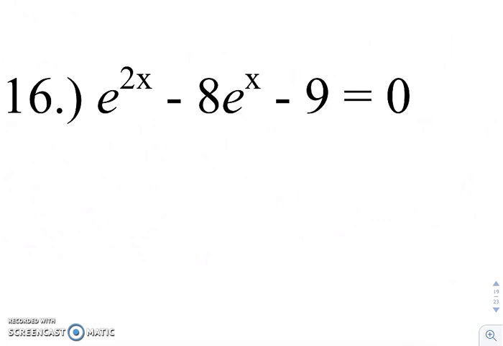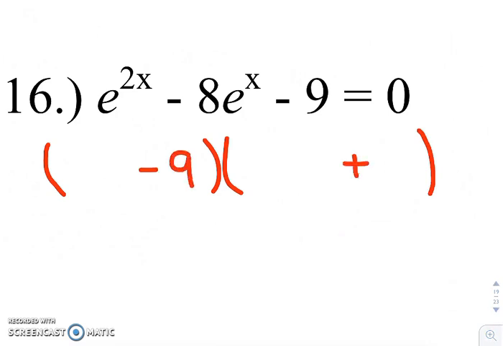So if we were trying to multiply or factor this out, what multiplies to get you -9 but adds to get you -8? It would be -9 and plus 1, but it would be e to the x and e to the x. e to the x times e to the x would give you e to the 2x equals 0.